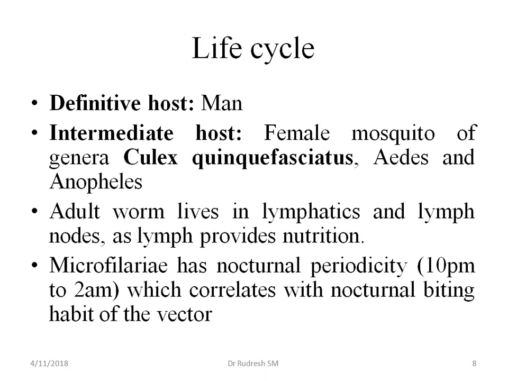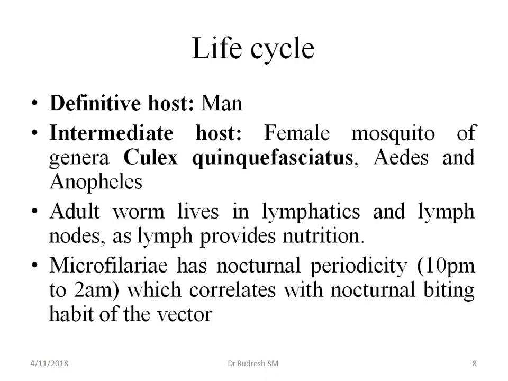The definitive host of the parasite is man, and the intermediate host is the female mosquito of genera Culex, Aedes or Anopheles. In the Indian scenario, Culex is the most common vector which acts as an intermediate host for the worm.